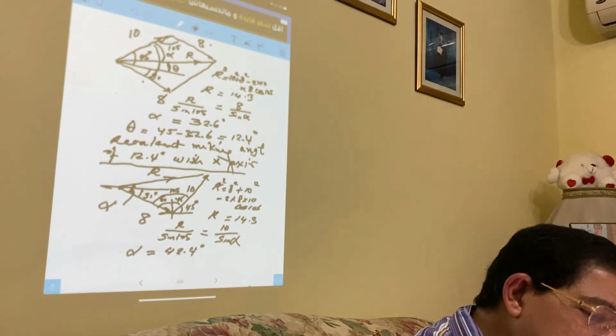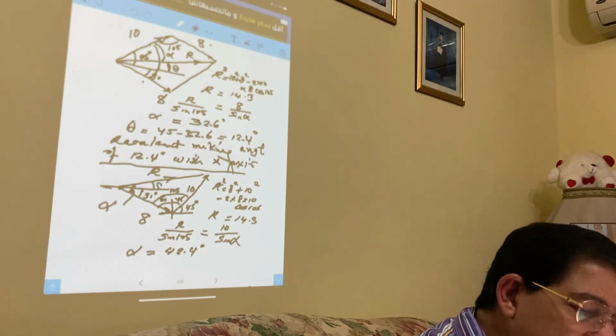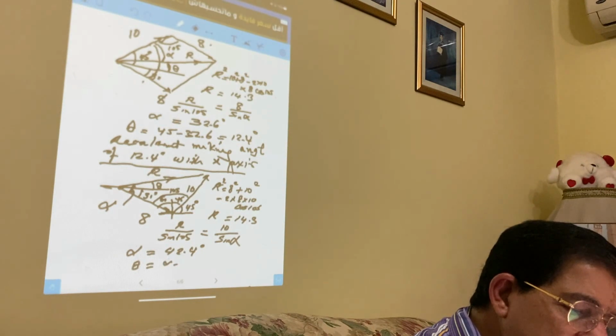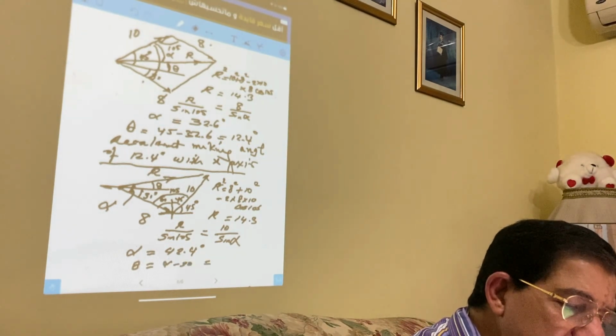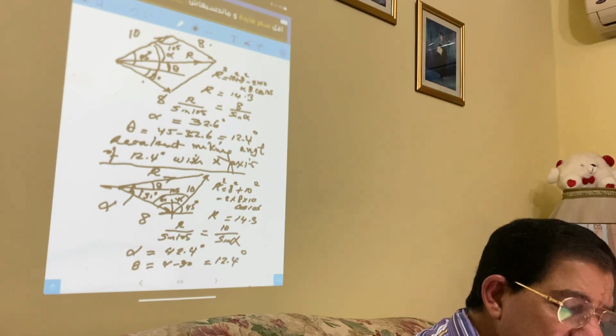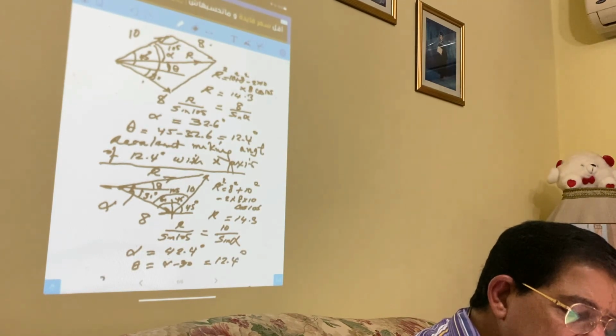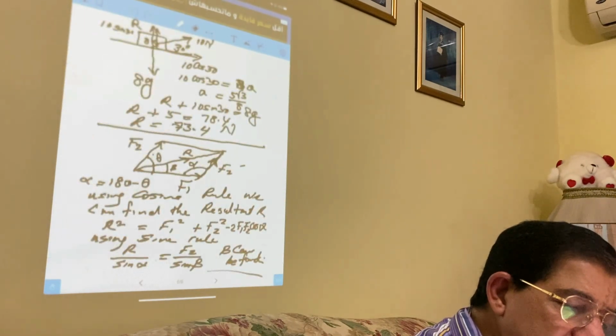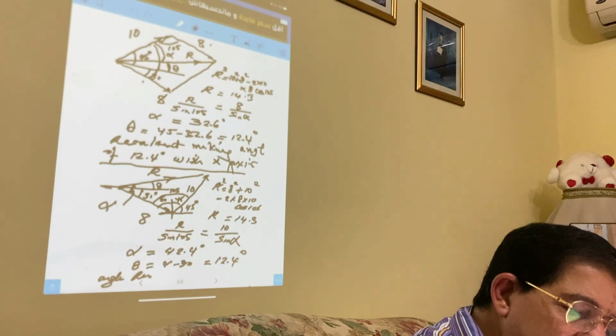Therefore, this angle theta is alpha minus 30, which is going to be 12.4 degrees. This is the angle of the resultant with the x-axis.